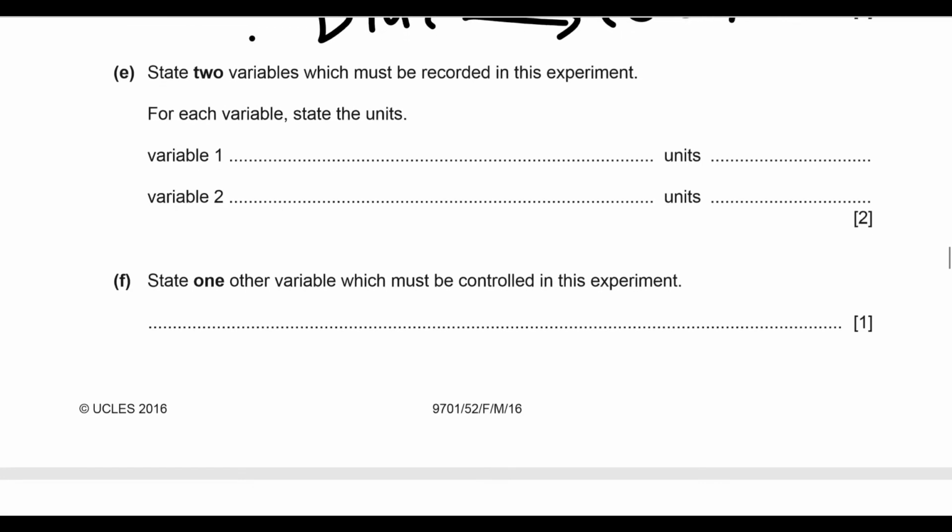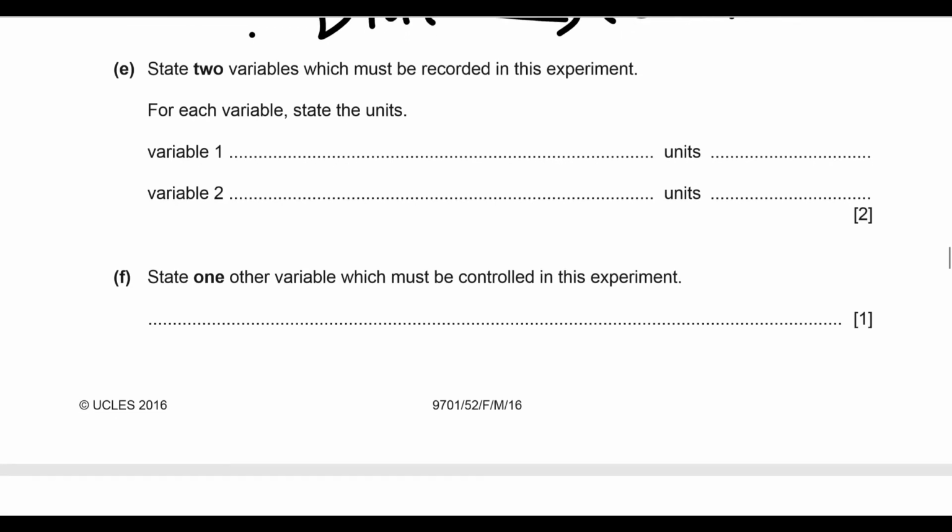In the titration, state two variables which must be recorded in this experiment. Always in this experiment you are calculating the rate of reaction. So here you have time, and the unit is second, and the other one is the volume of what?